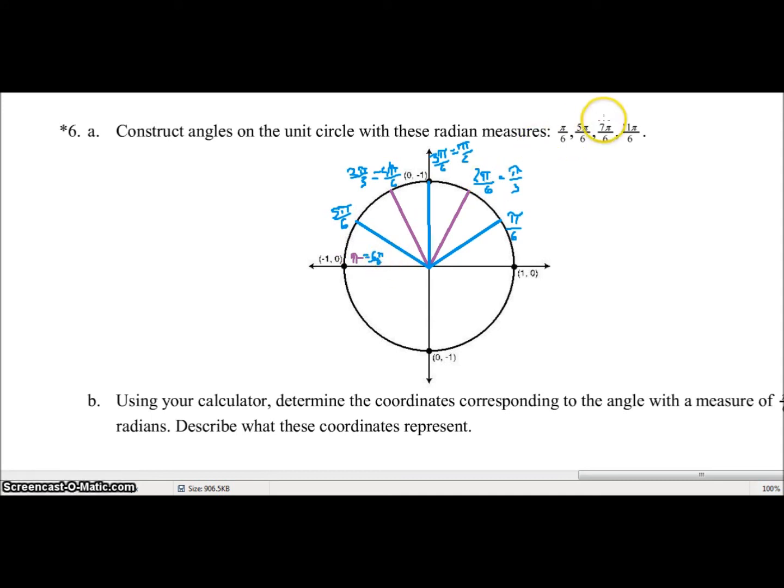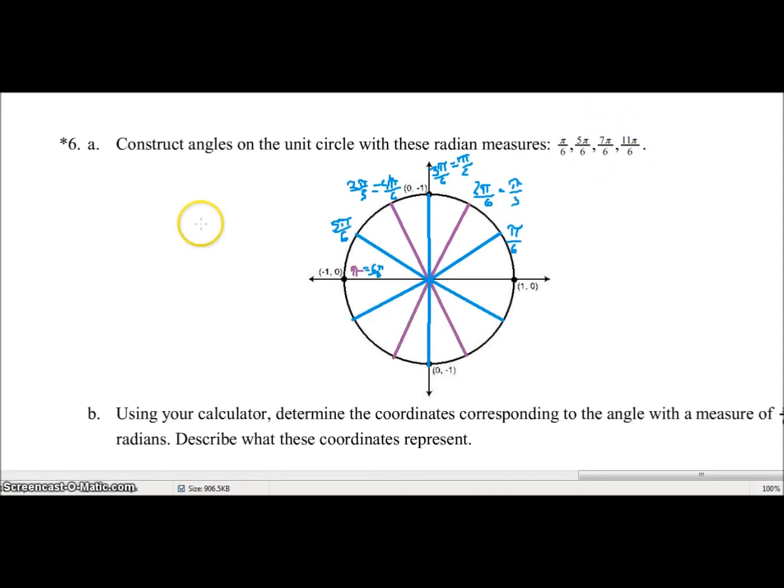Then we can keep going to get the rest of them divided again into thirds and then into sixths, so that we'd have 7 pi over 6. That's this angle all the way around. And then 8 pi over 6, which is the same as 4 pi over 3. 9 pi over 6, which is the same as 3 pi over 2.